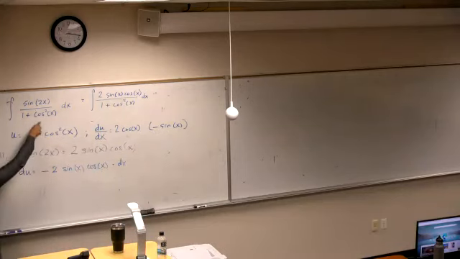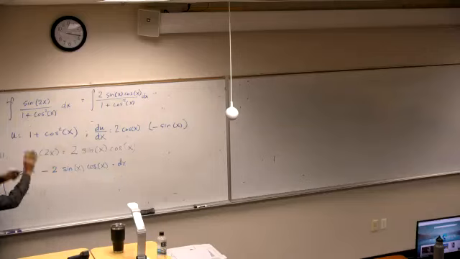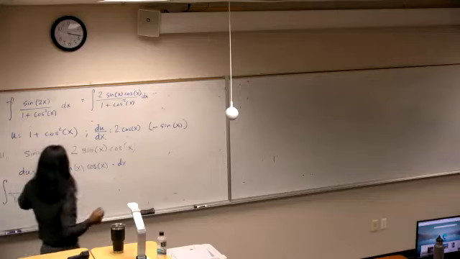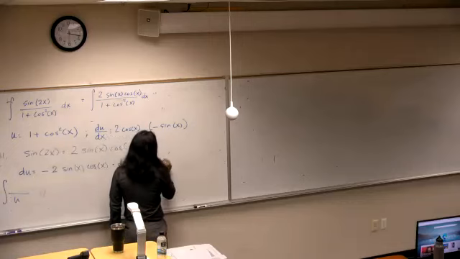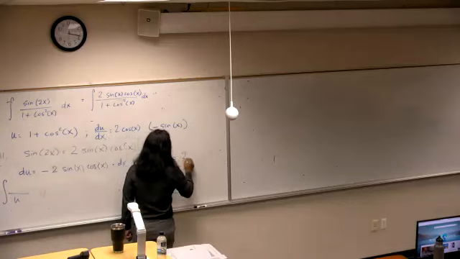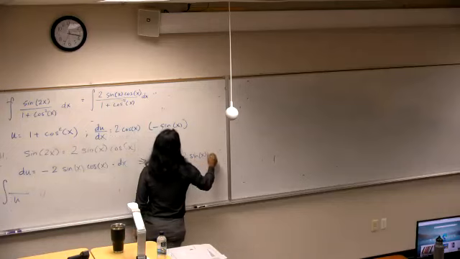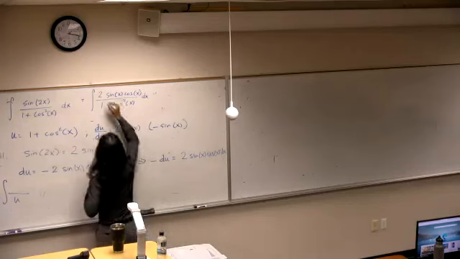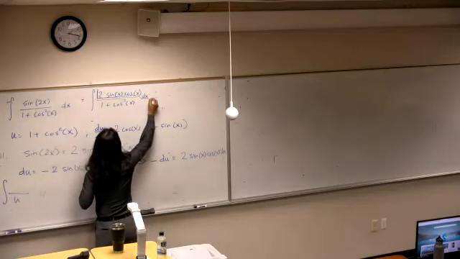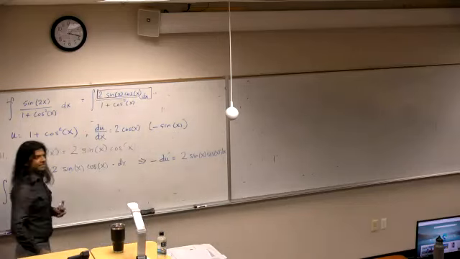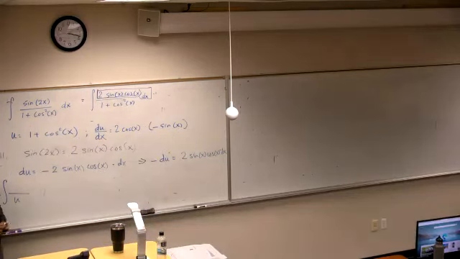If I put the denominator as u, do I get the numerator? I absolutely do, but I've got a negative sign. If I move that negative sign to the other side, minus du would be 2 sine x cosine x dx. The entire numerator is simply negative du.